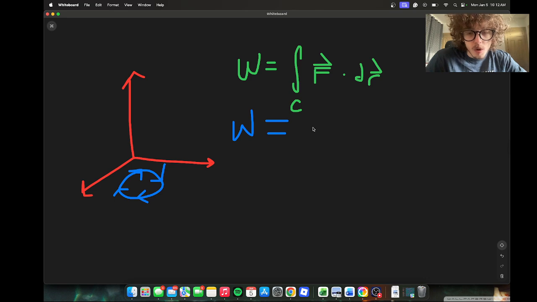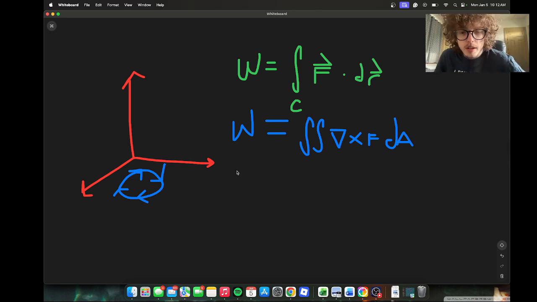We can say that work is equal to the double integral of the curl dA. So remember that's what Green's theorem said. If you have a simple closed curve, then the work is equal to the double integral of the curl. It's actually a pretty simple concept once you do it a couple times.